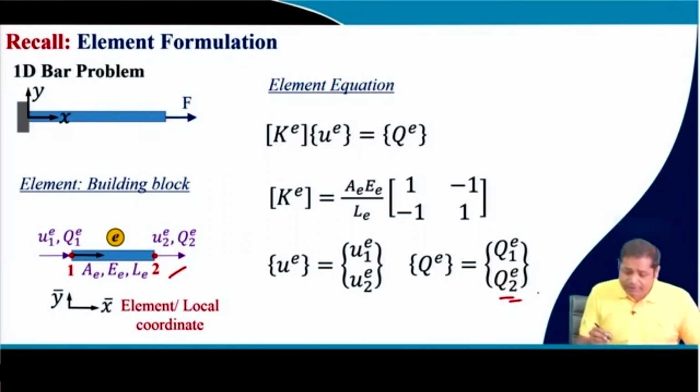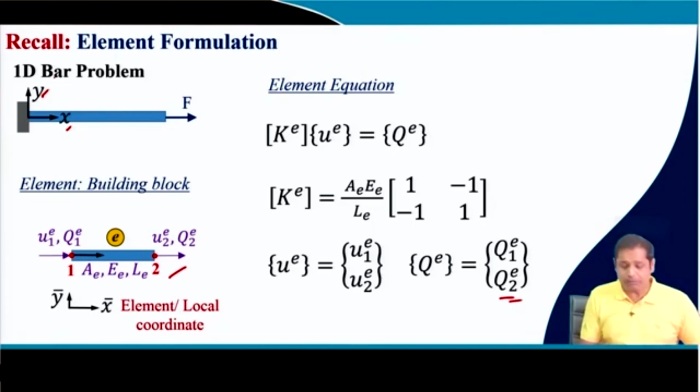Now, these equations are written with respect to the element coordinate or the local coordinate, and then in an actual structure we have a coordinate, say x, y. These coordinates are the global coordinate. But in this problem, the orientation of the local coordinate, the element coordinate, and the global coordinate is the same.